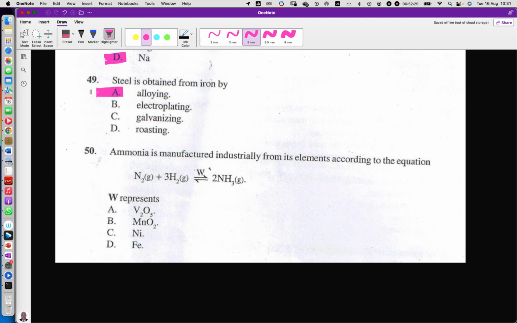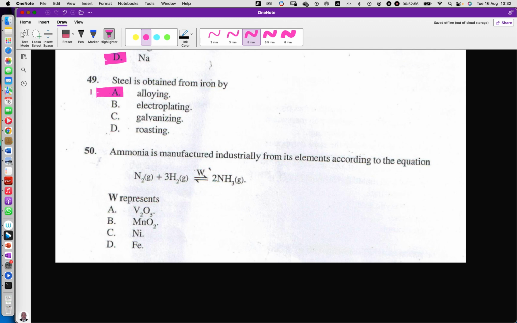Now, ammonia is manufactured industrially from its elements according to the equation: nitrogen gas plus 3 moles of hydrogen gas will be passed through a particular substance W to give 2 moles of ammonia gas.